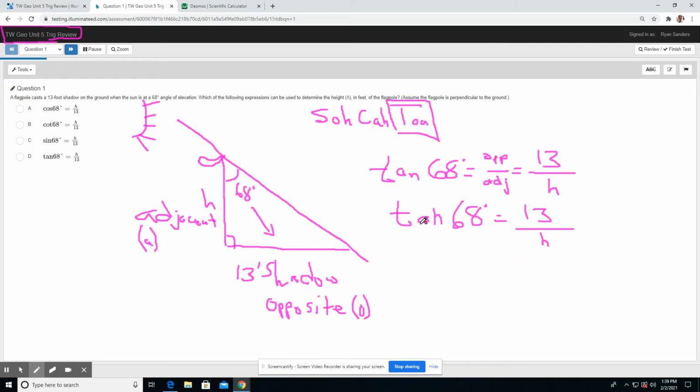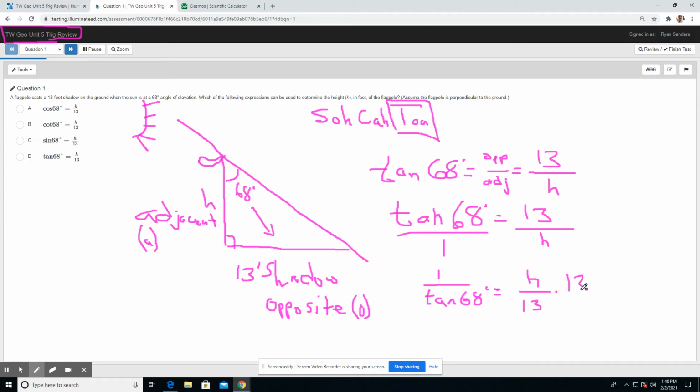There are a couple different ways we can do this. I like the reciprocal method. So 1 over tangent of 68 is equal to h over 13.